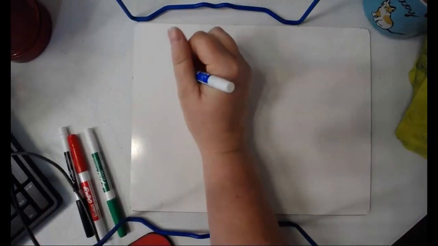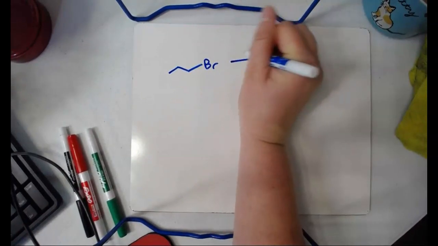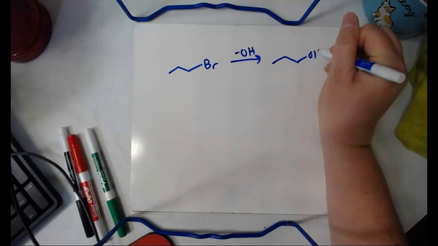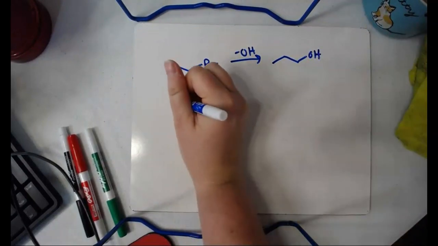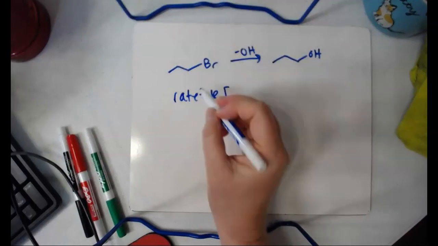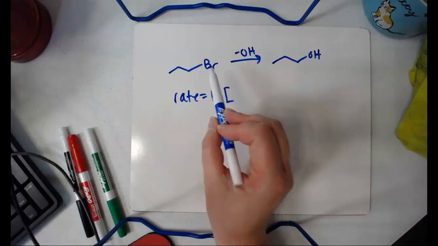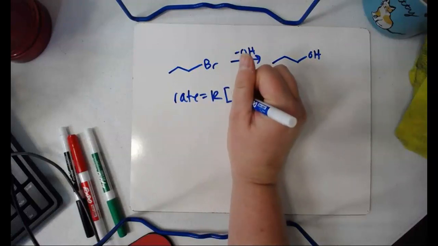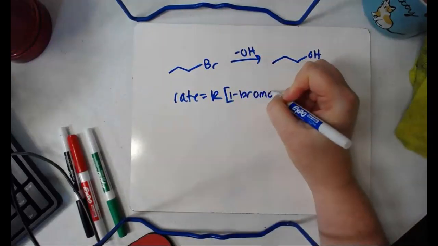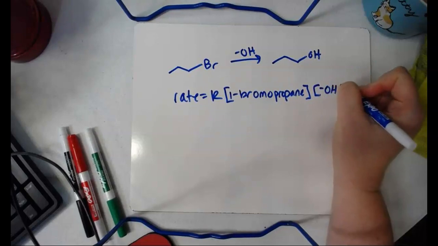So if we have this reaction, we know that our rate law is k. This is 1-bromopropane reacting with hydroxide.